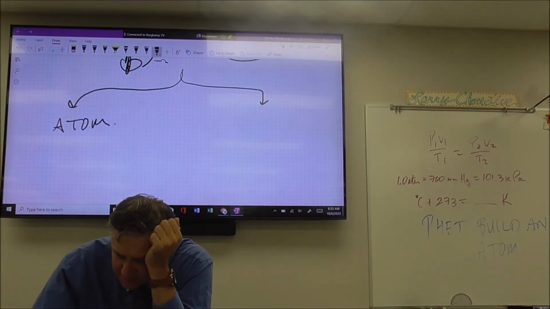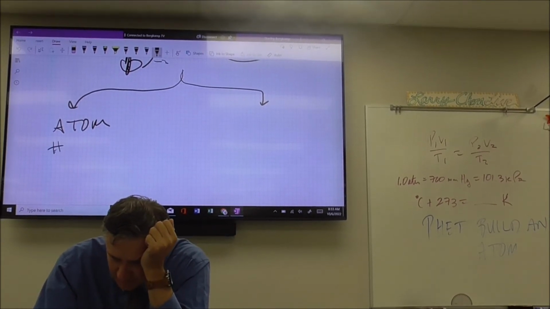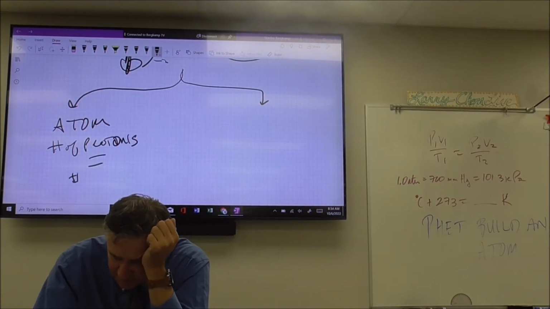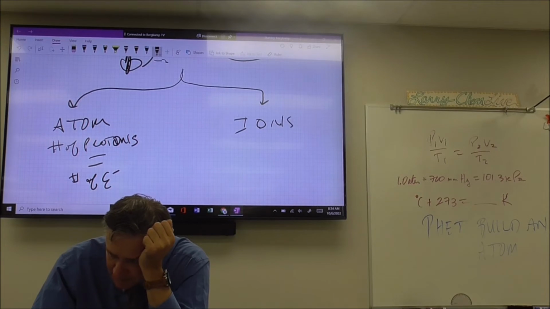All the particles we're going to talk about are going to either be atoms, where the number of protons is equal to the number of electrons, or we're going to have ions, and within the ions you can have two types of ions. You can have cations, and you can have anions, okay?